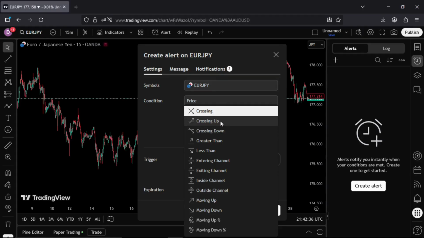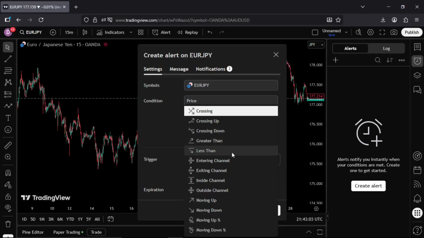Crossing up means you will receive the notification when price is crossing up the alert line. The next one, crossing down, means you will receive the notification when price crosses the alert as it's moving down. That's what this means right here.